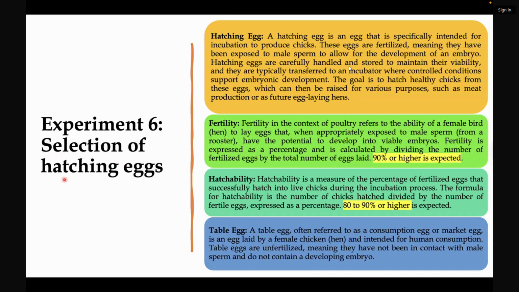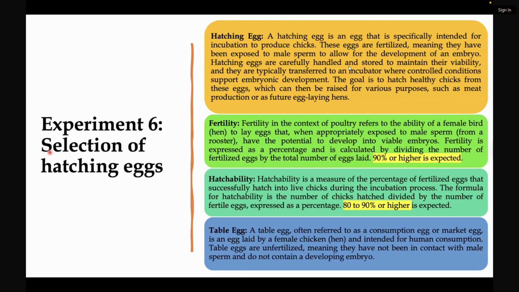One keyword we can see here is the hatching egg. The egg which is not for table purposes but is being used to produce chicks is known as a hatching egg. We have another keyword here, which is the selection.